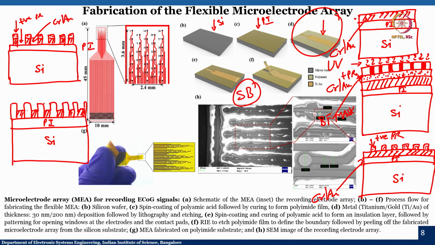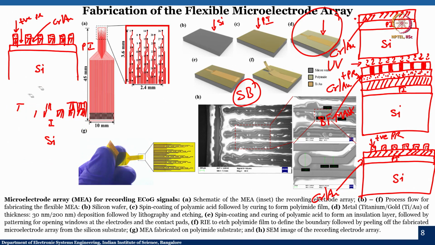So, everywhere there is PI, this is your polyamide, and here is your contact. So, it will be almost at the same level. So, I will just make it close to the gold level like this. Right, like this. So, polyamide is only kept at the places where you do not want to take the contact.